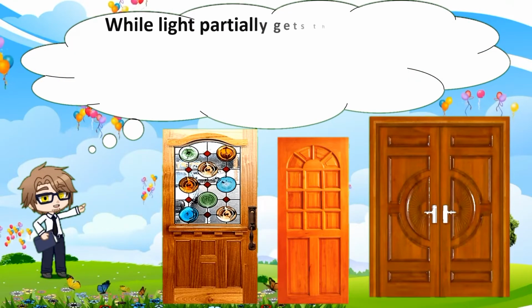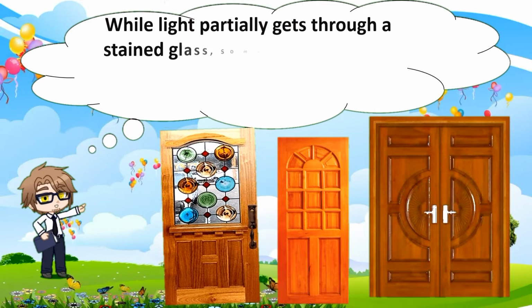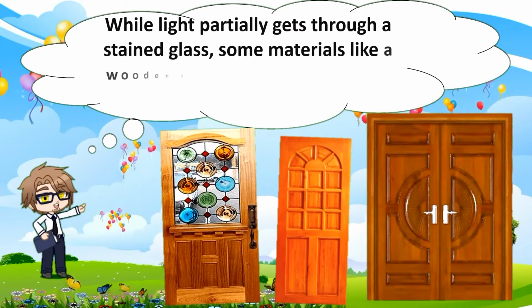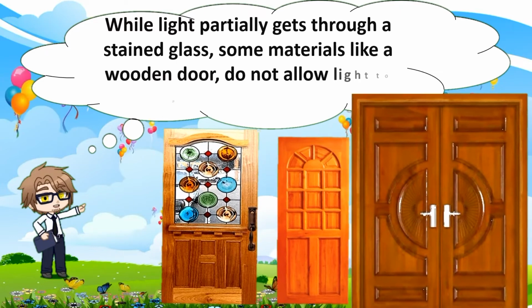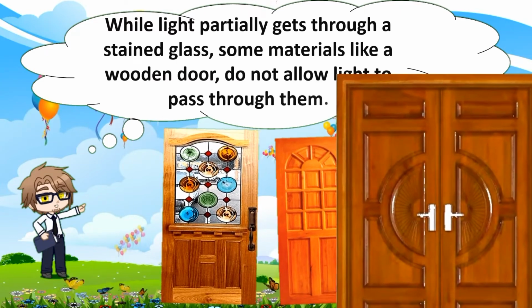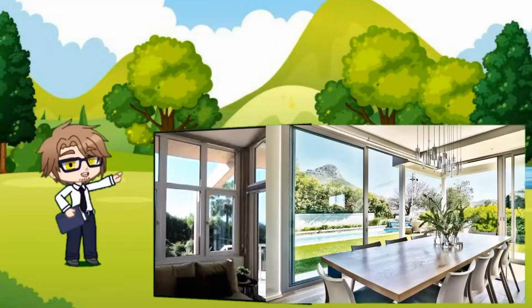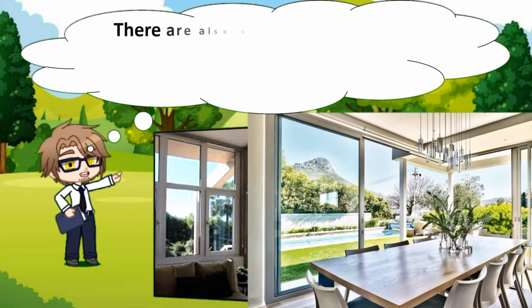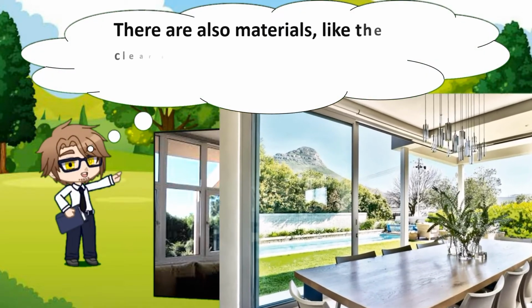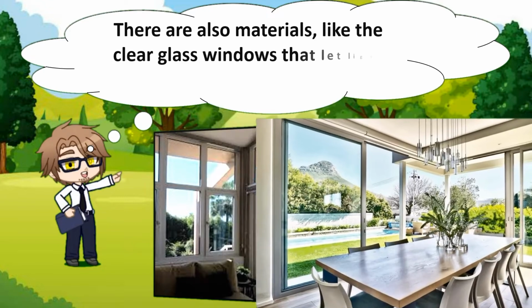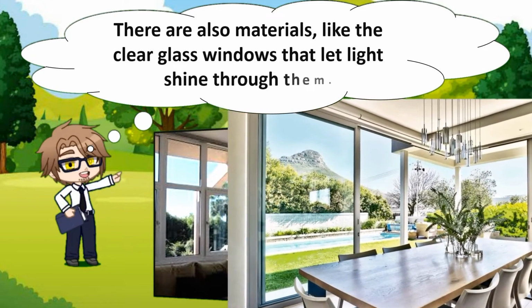While light partially gets through stained glass, some materials, like a wooden door, do not allow light to pass through them. There are also materials, like clear glass windows, that let light shine through them.